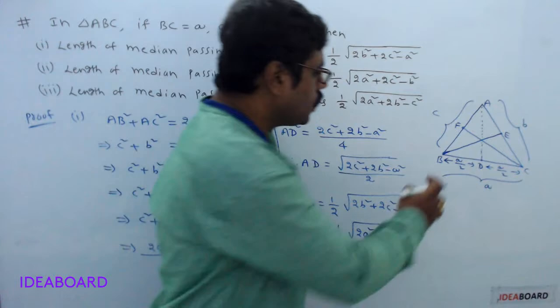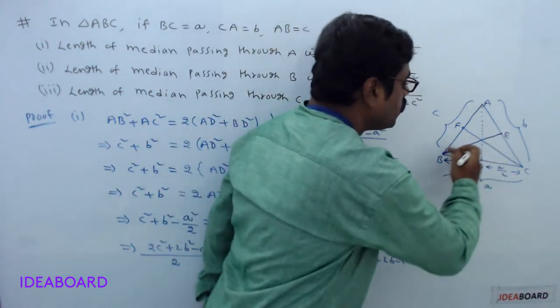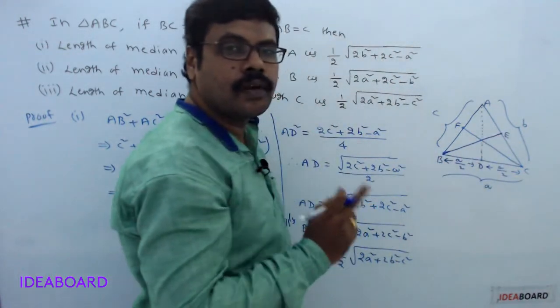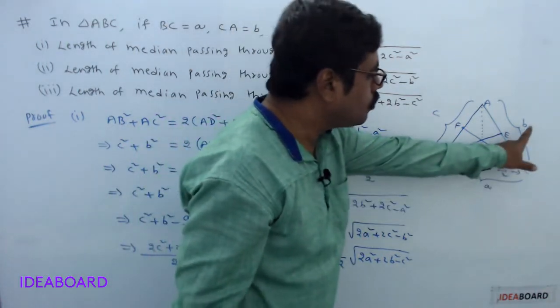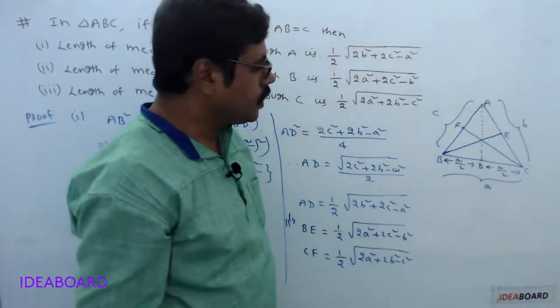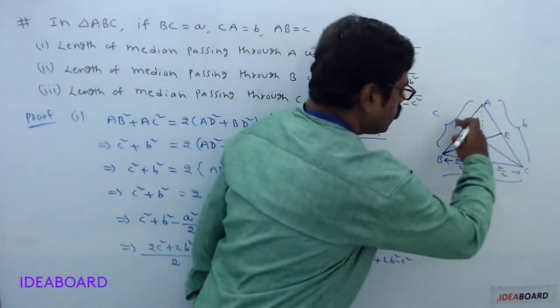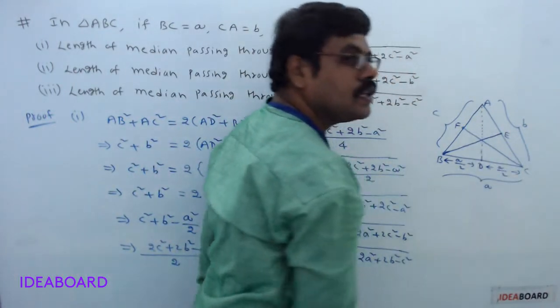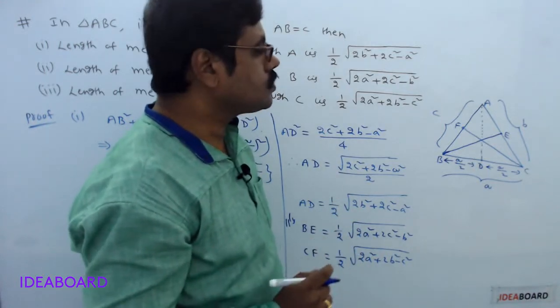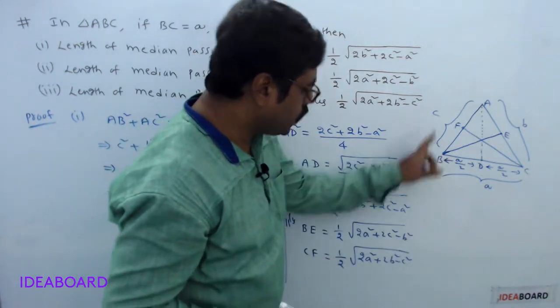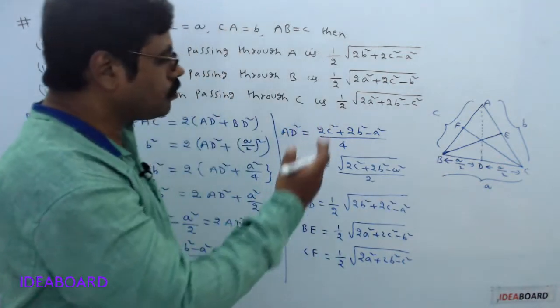Next, the length of the median passing through the vertex B is 1 by 2 into square root of 2a square plus 2c square minus b square. Next formula, the length of the median passing through the vertex C is 1 by 2 into square root of 2a square plus 2b square minus c square. Very, very important result.